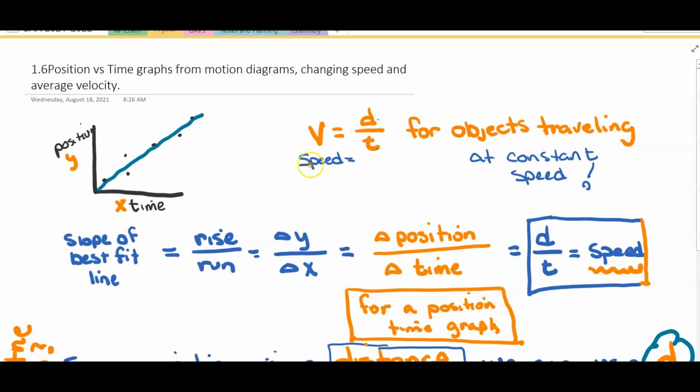So speed, sometimes called velocity, where we might use a variable v, is the ratio of distance traveled to time as long as the object is traveling at a constant speed. So when you look at a motion diagram for something traveling at a constant speed, you will see that the dots are equally spaced apart for a position time graph.